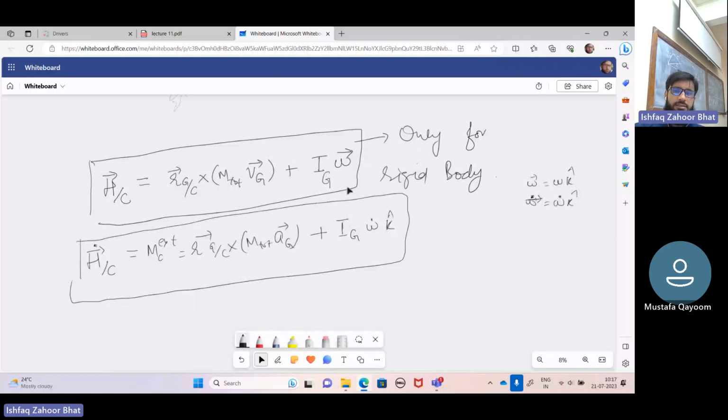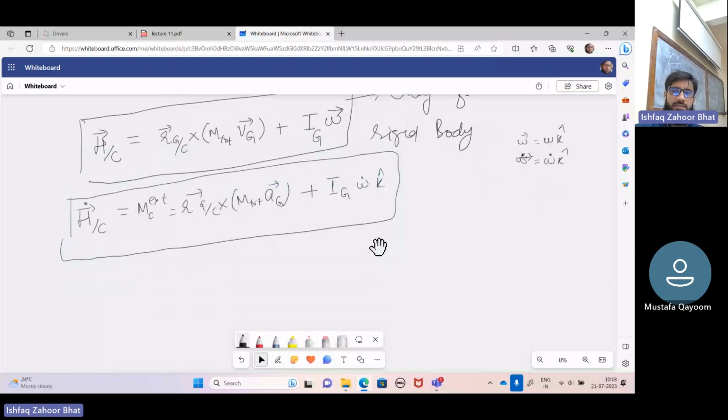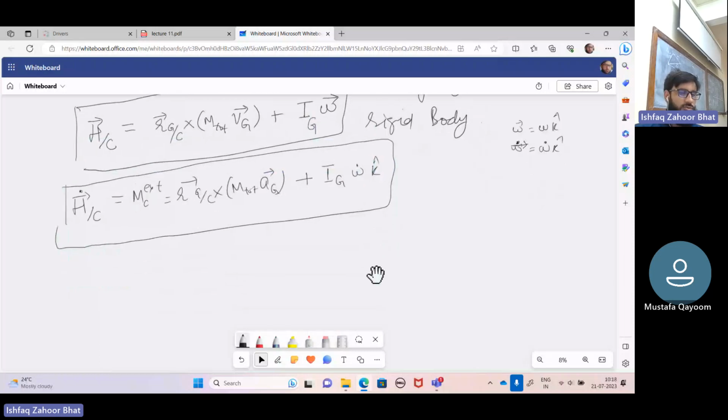So what I said is that these equations are in general true for 3D. But we have to look at this IG term. Here it will be some scalar, but in 3D it will not be a scalar, it will be a tensor. Once we go to 3D, you will see how this I changes. So I want you to get familiar with this 2D thing.